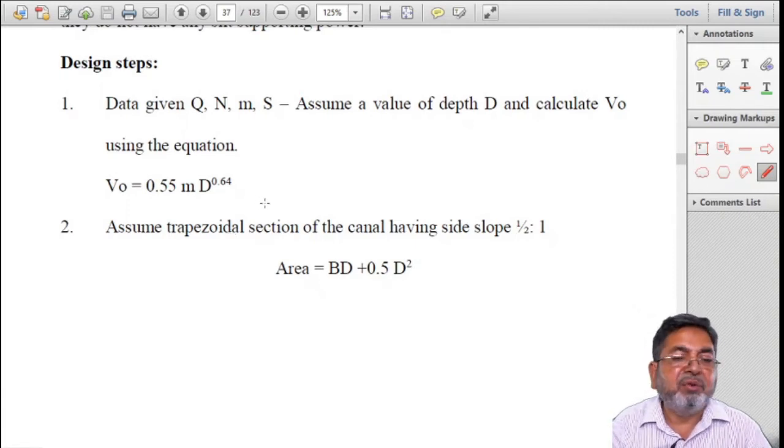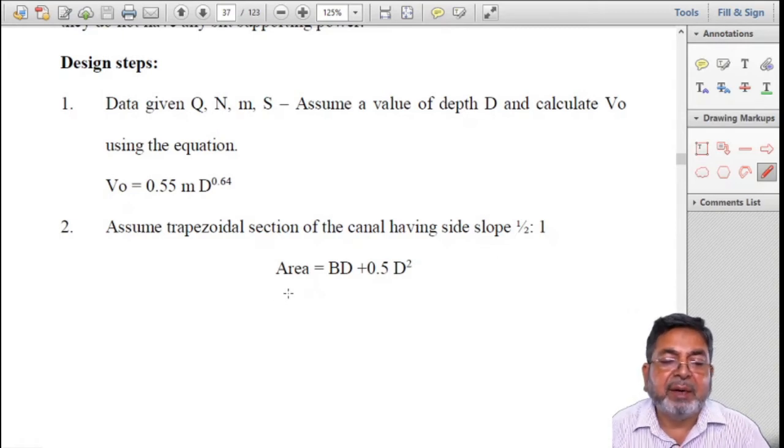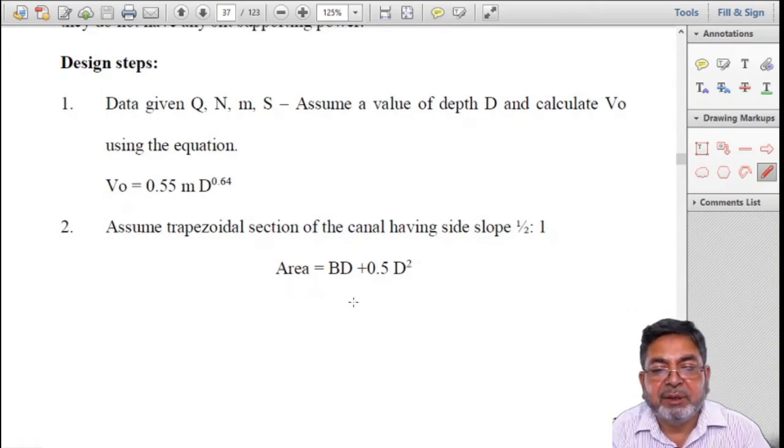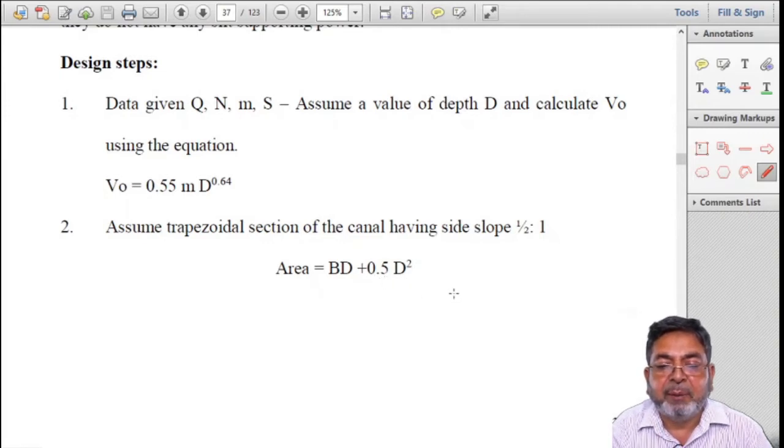After that you have to find out the area of canal by this relation, BD plus 0.5 d square.